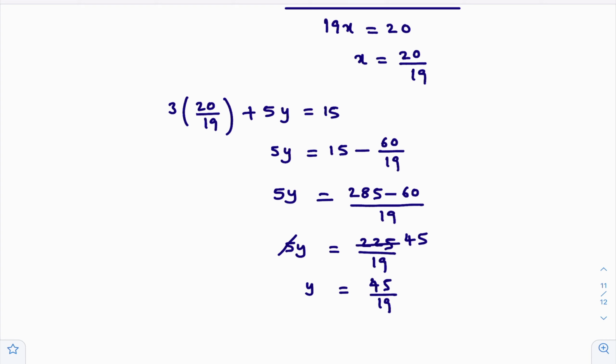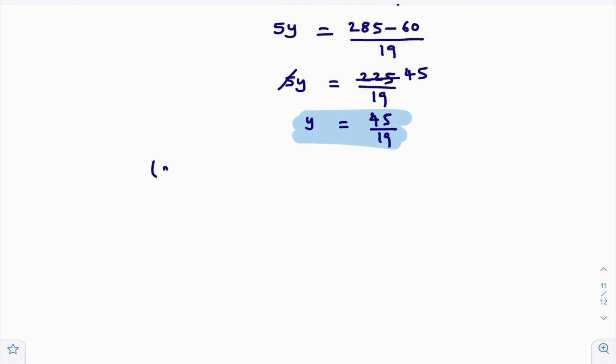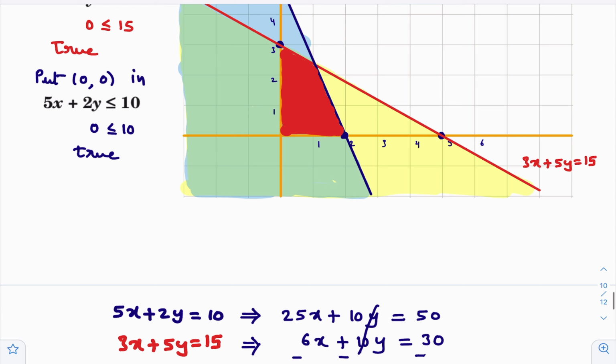So you got here x equal to 20 by 19, y equal to 45 by 19. So what is the point of intersection of those two lines? 20 by 19, 45 by 19. So you got this point. This point is (20/19, 45/19).